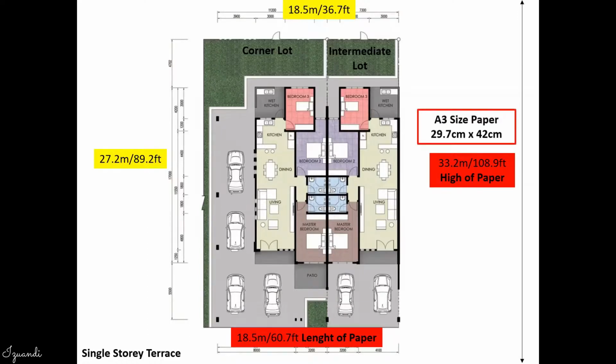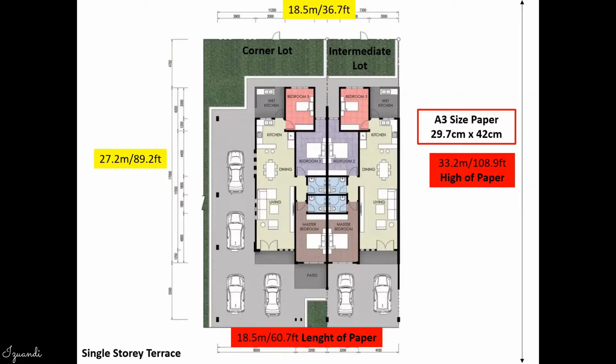Okay, the size of A3 paper is 29.7 centimeters of height and 42 centimeters of width or length. So please check back the height itself. The height will be 33.2 meters of drawing.